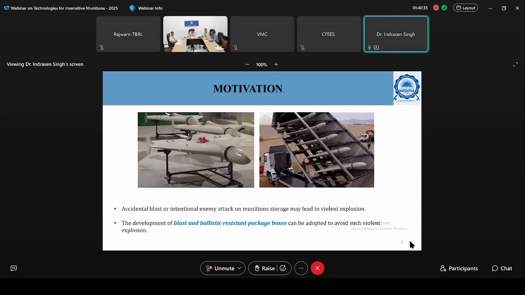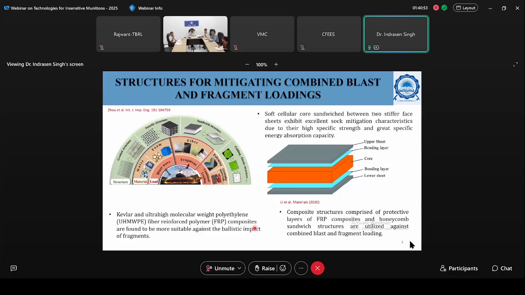So in this proposal, we want to propose the development of an auxetic structure which can resist blast and ballistic loading, and that structure can be used to design a casing for package boxes for these kinds of munitions.